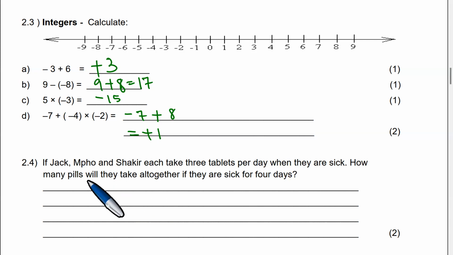Right. So obviously we're dealing with 1, 2, 3 people. We're dealing with Jack and Paul and Shakir. Each take 3 tablets when they're sick. How many pills did they take altogether if they're sick for 4 days?